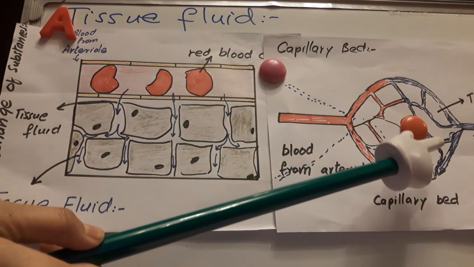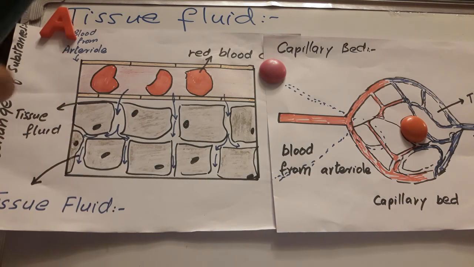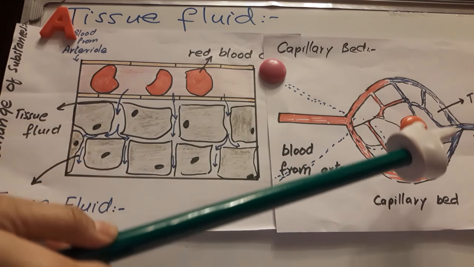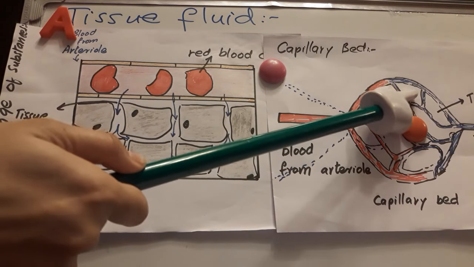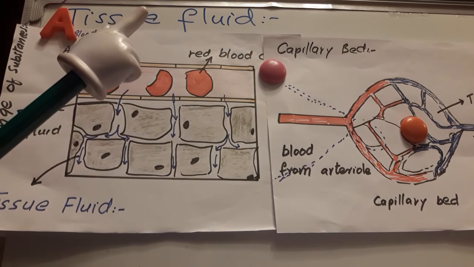Because of the difference in water potential between the capillaries near the venule end and the tissue fluid, some of the water from the tissue fluid re-enters the capillaries by the process of osmosis.